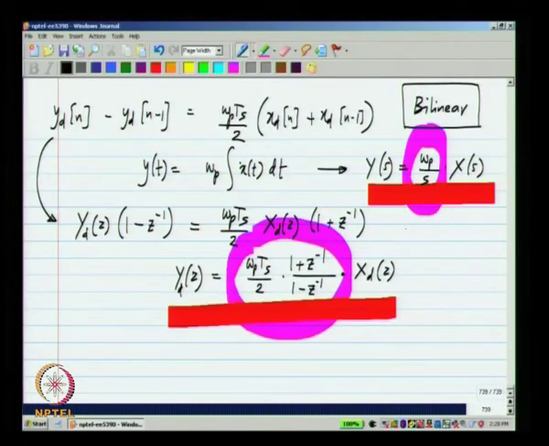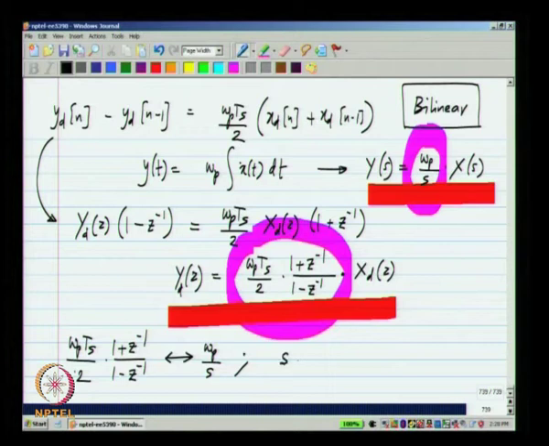So, what does this mean? This means that if I substitute s by omega p T s by 2, (1 plus z inverse) by (1 minus z inverse) corresponds to omega p by s, and this means that s corresponds to 2 over T s, (1 minus z inverse) by (1 plus z inverse).